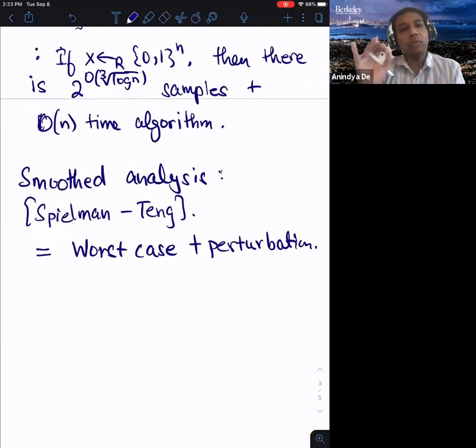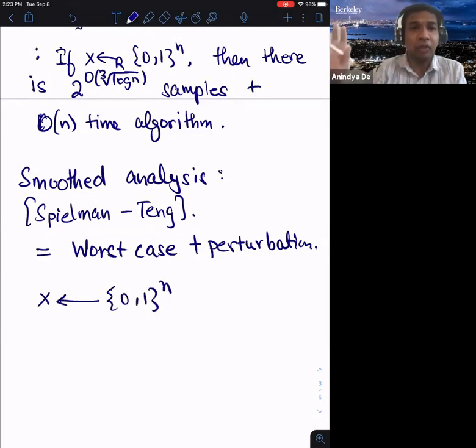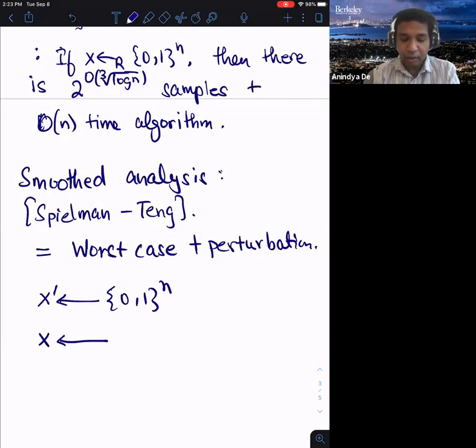In the smoothed analysis problem, a worst case string is chosen by some adversary. You have no control on what it is. But this is not the instance on which you have to solve the trace reconstruction problem. Let me call the worst case instance X prime. Then X is generated by a sigma perturbation of X prime.